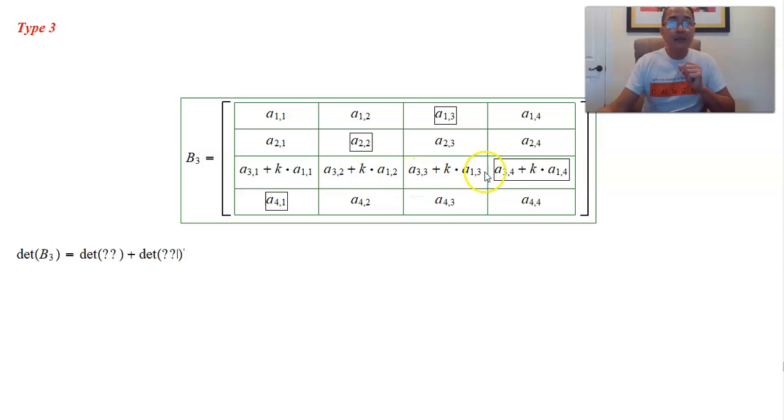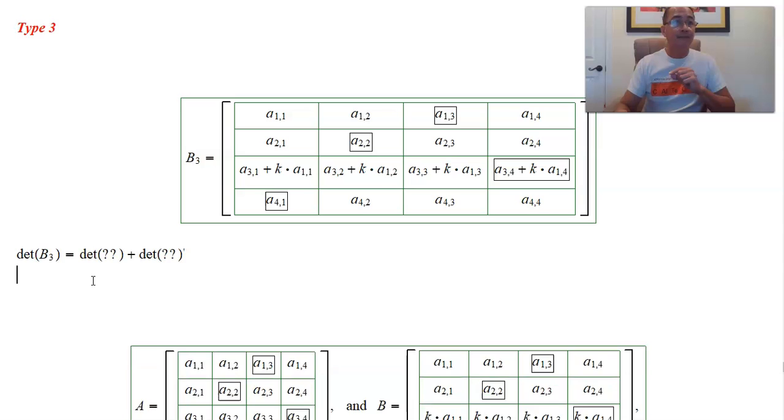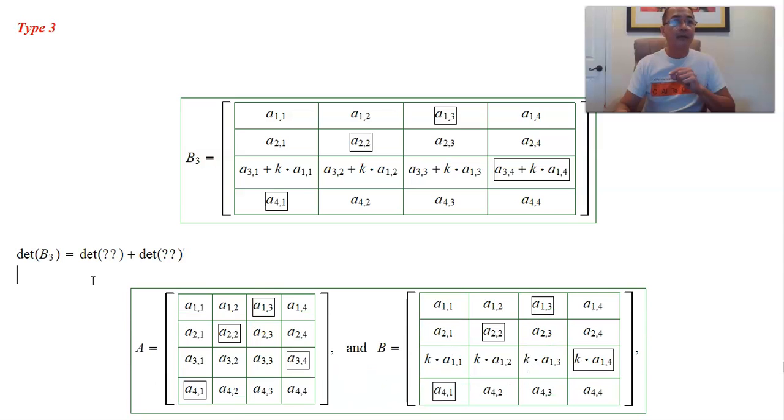Well, I can keep the A's in one matrix, and I can put the K times A's into the second matrix. And of course, that's already prepared for us down here. All right, so there you go. I have A31 over here in A, and I have the K's over here in B. And that is the original matrix A.